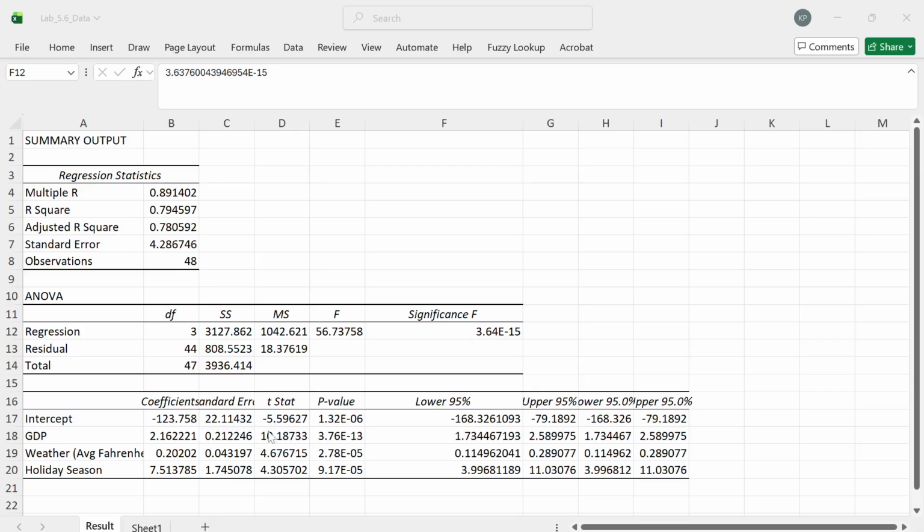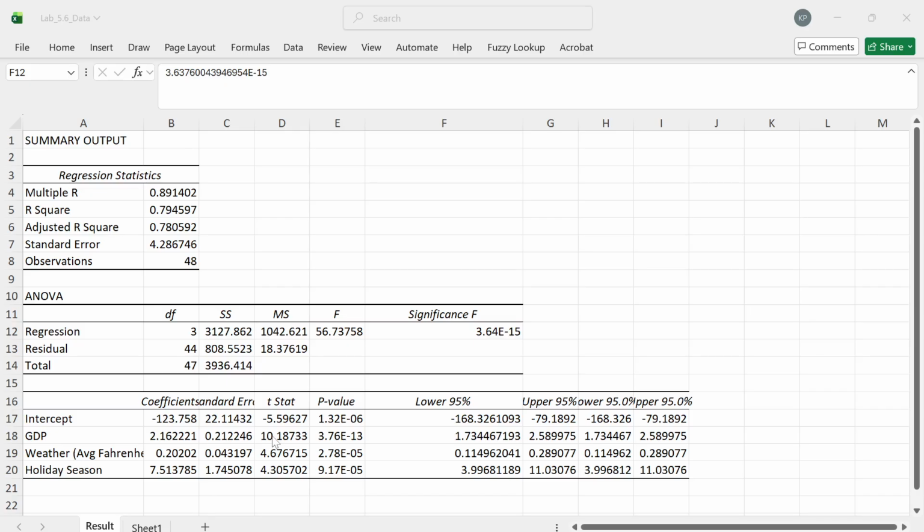The other important thing you need to understand is the T stat, which is greater than 2. You can see 1, 2, 3 are greater than 2 for each of the independent variables, suggesting these three factors have a positive statistical relationship in explaining and predicting product demand.